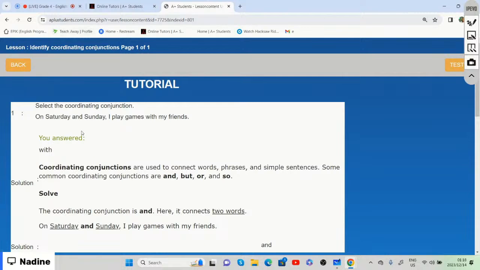All right, so now number one, here on top it says select the coordinating conjunction. Remember, we must use the word either and, but. So we need to select the coordinating conjunction.